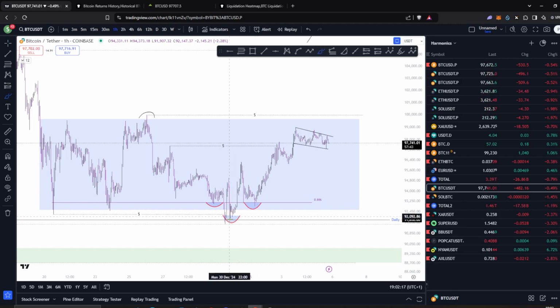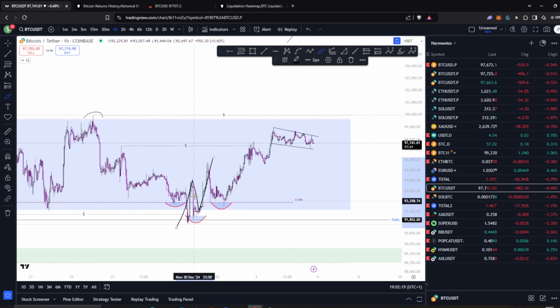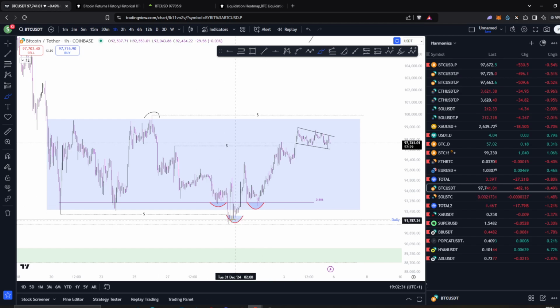Then you had this massive impulse structure towards the upside here, and this is where it's, well, not confusing, but on the edge of things. Because of course you do see this inverse head and shoulders here. You have your shoulder, you have your head, you have your shoulder. So we did break out of that.